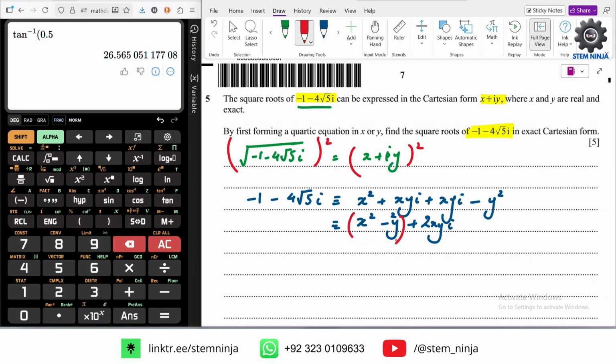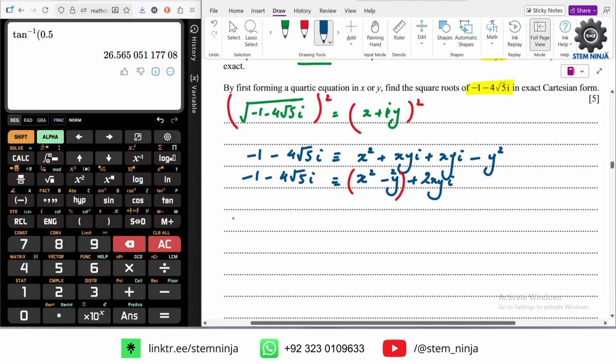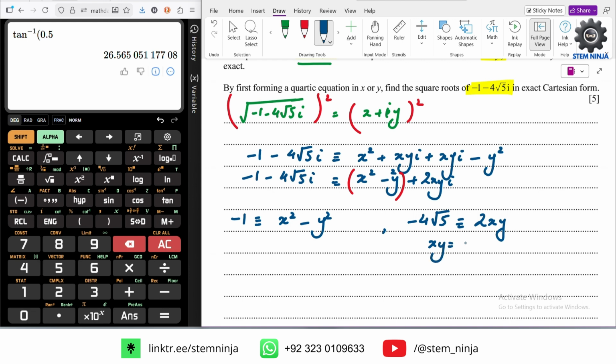This is the real part, minus 1, minus 4 root 5 i. So this means that minus 1 is identical to x squared minus y squared, and minus 4 root 5 is identical to 2xy. Right. This means that xy is minus 2 root 5. Okay, so basically y could be written as minus 2 root 5 over x.